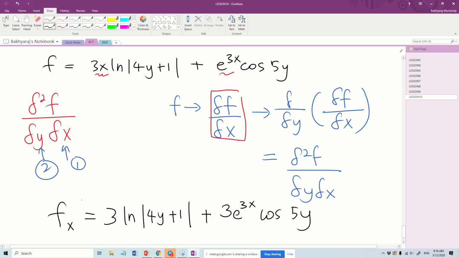Now I continue with the same function for f with respect to x, go for fxy. This one is actually delta f over delta x, also same as delta x, sama kan?